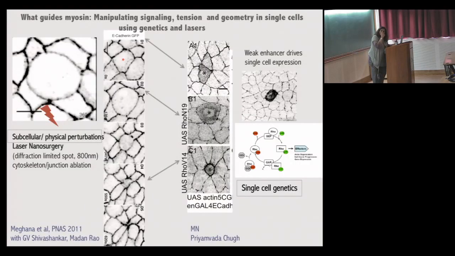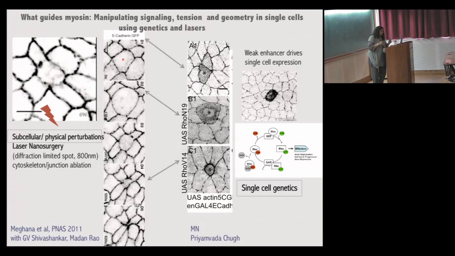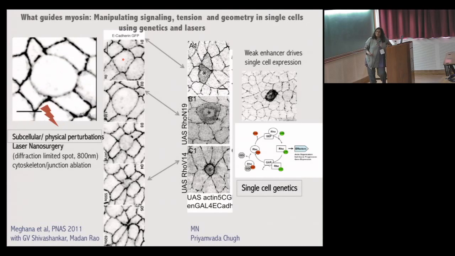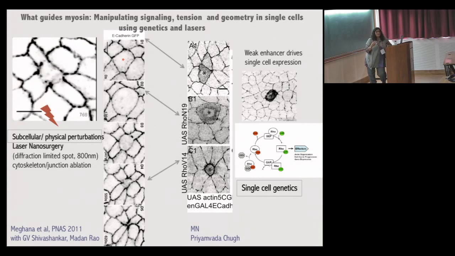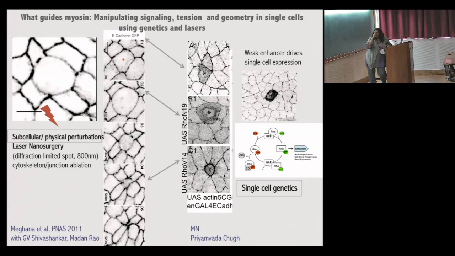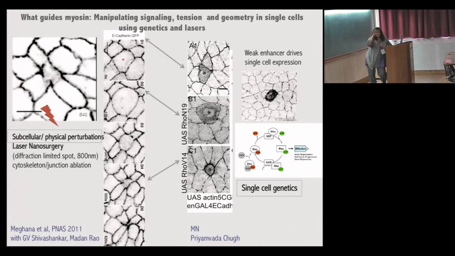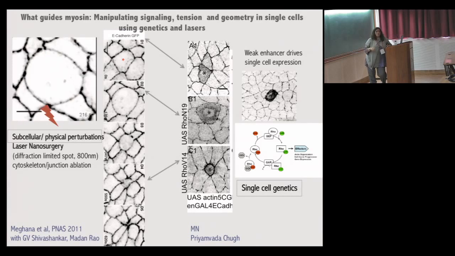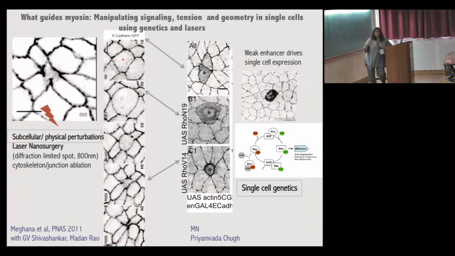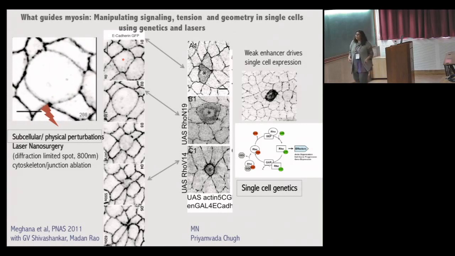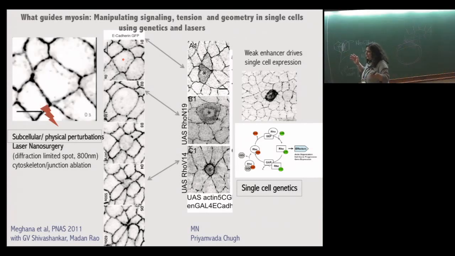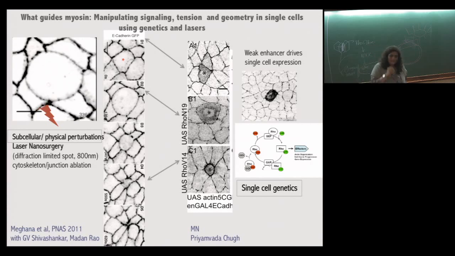So one can begin to look at these pulsatile contractions, and if you saw that field of cells with myosin, you would see that not all cells are pulsing in phase. Myosin is not polarized to interfaces oriented along some embryonic axis.